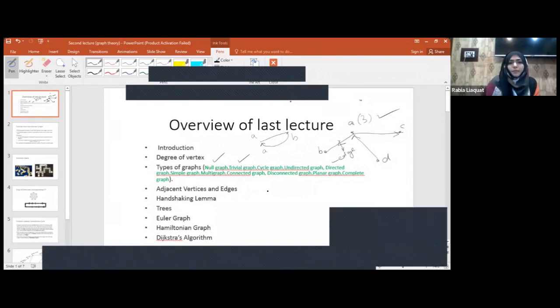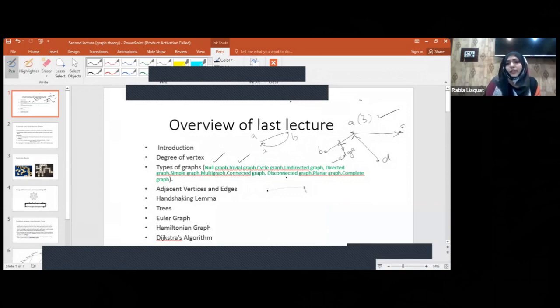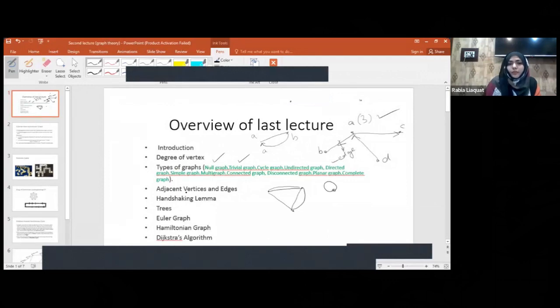Then the simple graph, where no cycle exists. For example, A, B, C is a simple graph, with no multiple edges and no loops.